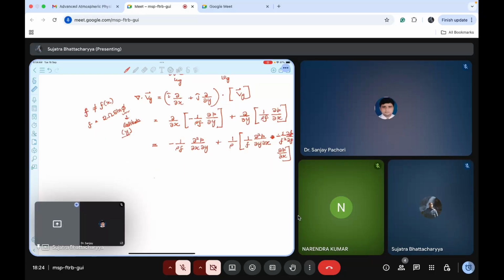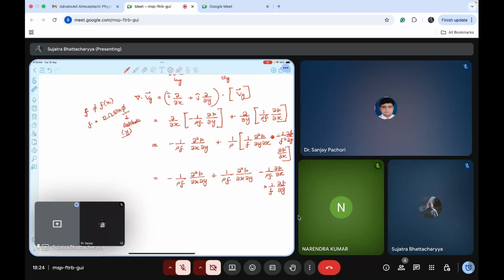So finally, your answer will be minus 1 upon rho f delta square p delta x delta y plus 1 upon rho f delta square p delta x delta y, and finally minus 1 by rho f delta p delta x into 1 by f delta f by delta y.